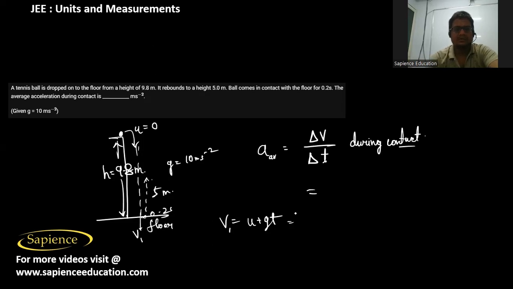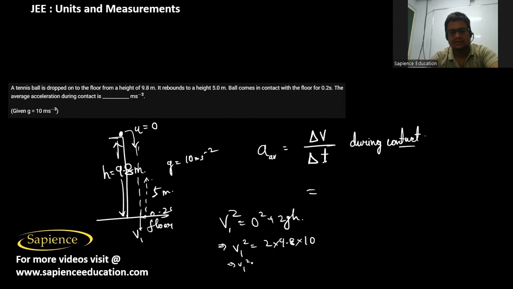Okay, time has not been told, so I can tell v square equals u square plus 2gh. That means v1 square will be equal to 2 into 9.8 into 10, 2 into 98.